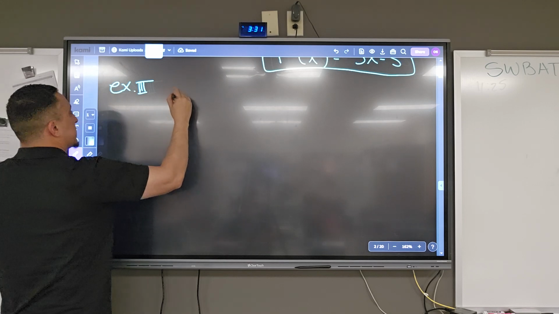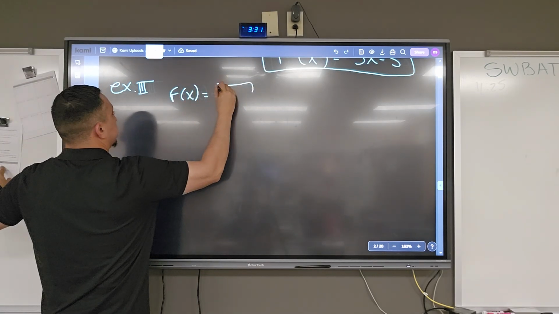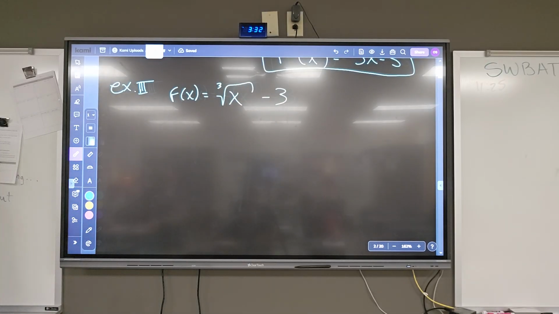Let's do f of x equals cube root of x minus 3. Now we haven't done a cube root, but I feel confident you guys can do this. Okay, so try it.